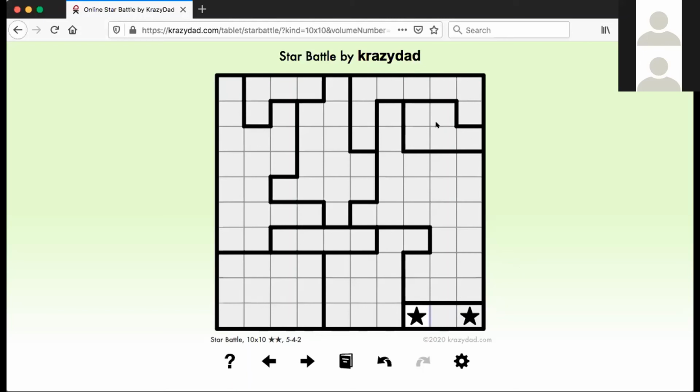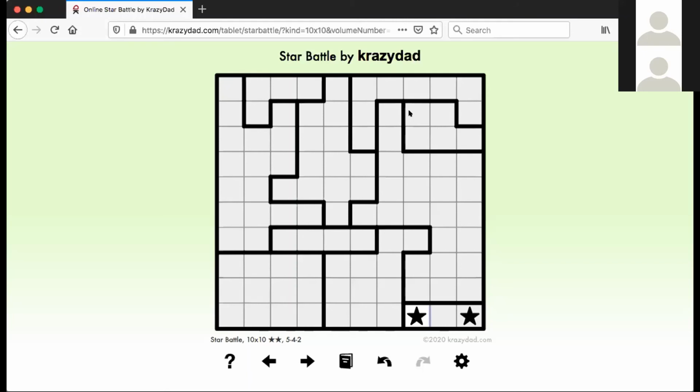What's going to happen up here? Oh, it's one of the 2 stars. Wouldn't they go on opposite sides? That one that's by itself would have a star right there. And then the other one would go in the 7th, is it the 7th column? Or the 8th column?